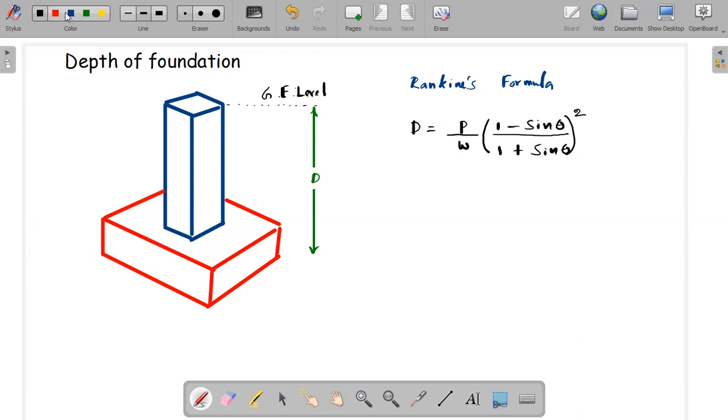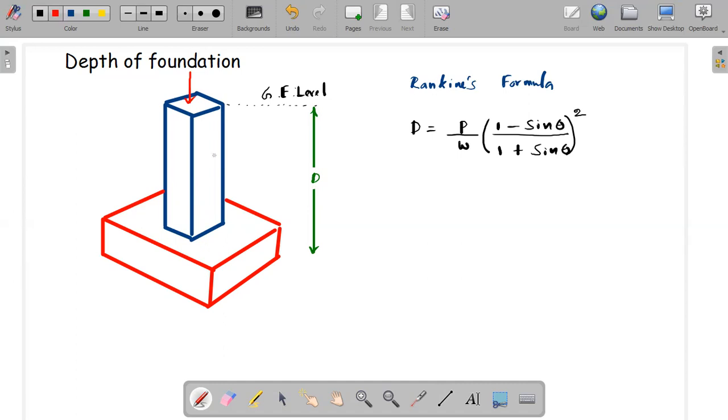P is the total structural load bearing on the foundation. We discussed this load in previous videos also, and I promise I will present another video on how to find this structural load. If you are a university student, they will provide this data, this structural load and all the things, as given data.